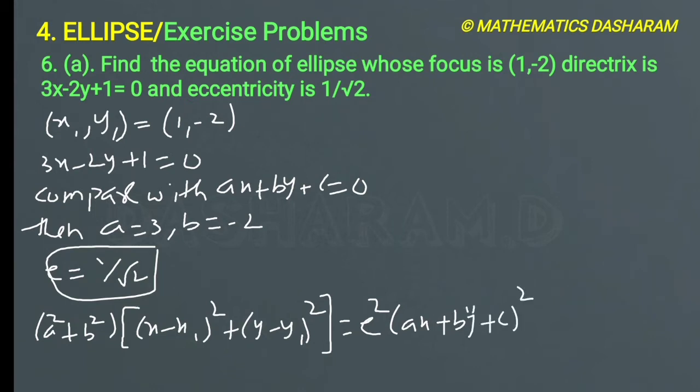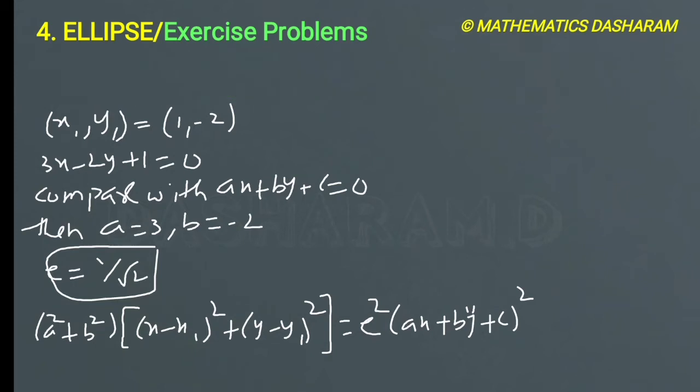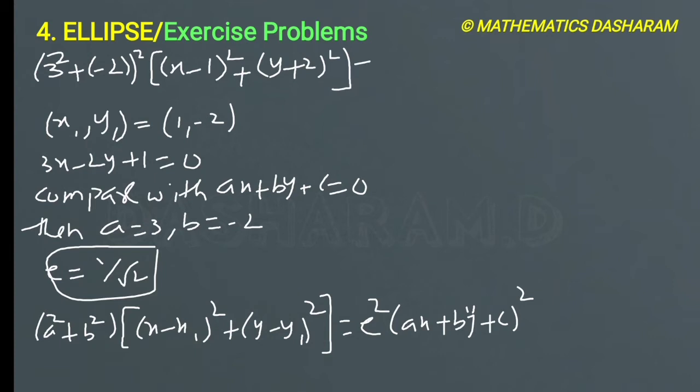Let's substitute the values in this. Here the a value is 3 and the b value is minus 2. So x minus x1, here 1, plus y minus y1, here minus 2. So then y minus or minus plus, it equals the e value 1 by root 2.